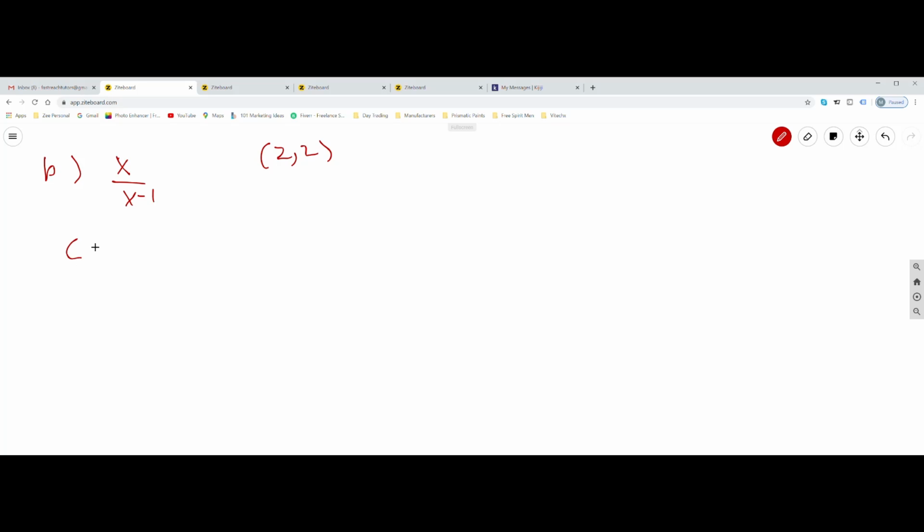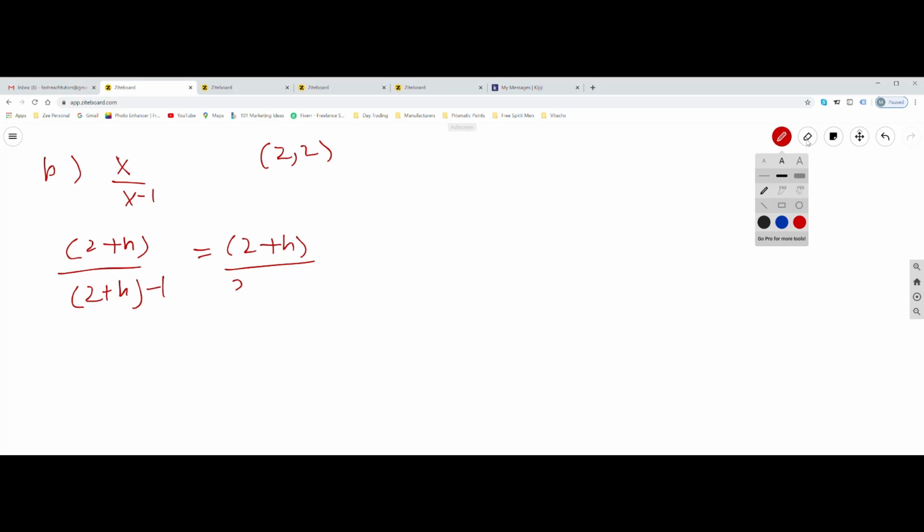So substitute 2 plus h over 2 plus h minus 1, minus 2.